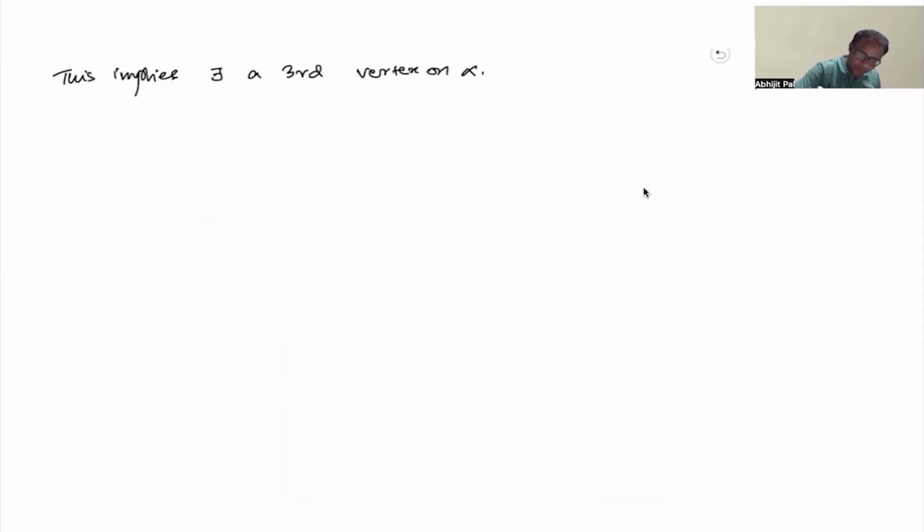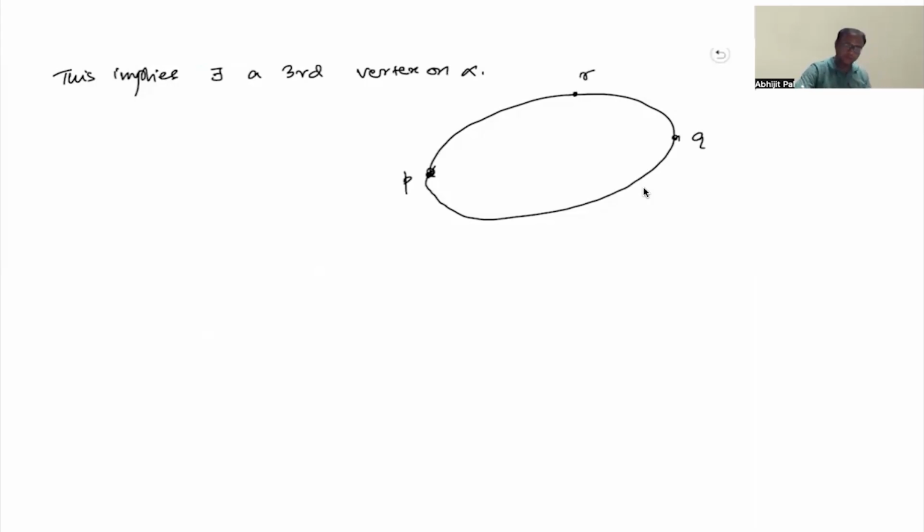Okay, so let me again draw this picture. So suppose this is my point P and this is my Q, and I have another vertex which is my R. Okay. So this PQR will break this alpha into now 3 segments.